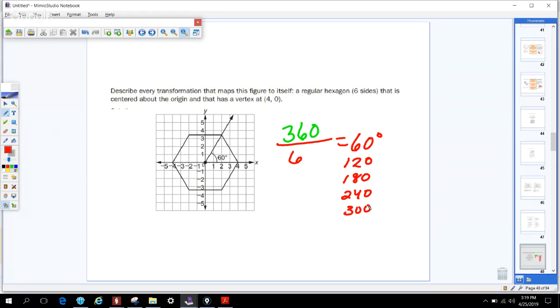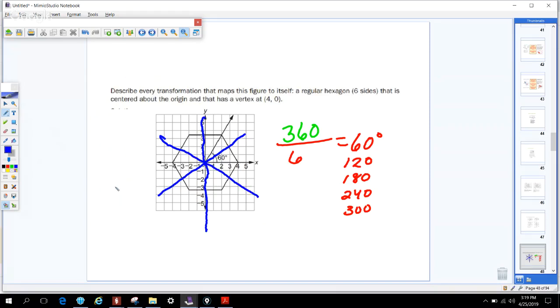Okay. Now, there's another type of symmetry. Anyone know the other type of symmetry this has? Yes! This has line symmetry. Line symmetry means where can you fold it so it matches perfectly on top. So you can fold it here, and diagonally like this, and diagonally like this.